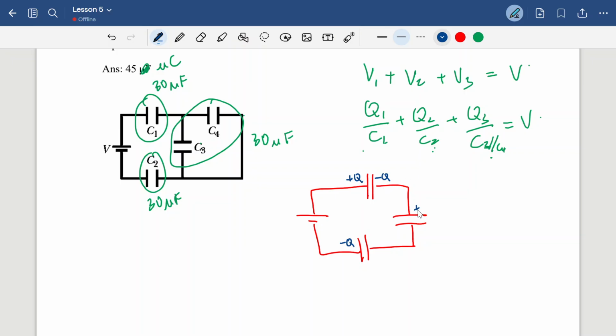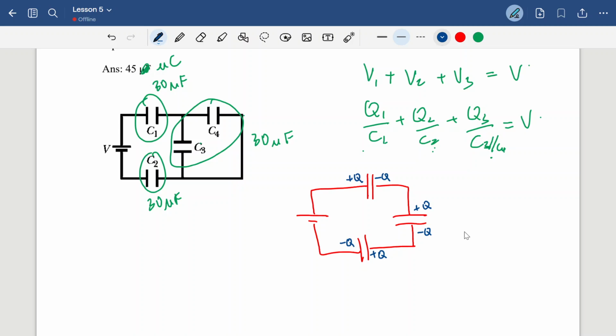Here will be plus Q because the electrons move from this plate to this plate. Same thing here. If they were initially uncharged, the total charge here should still be 0. This is called conservation of charge. So this is when they are in series.